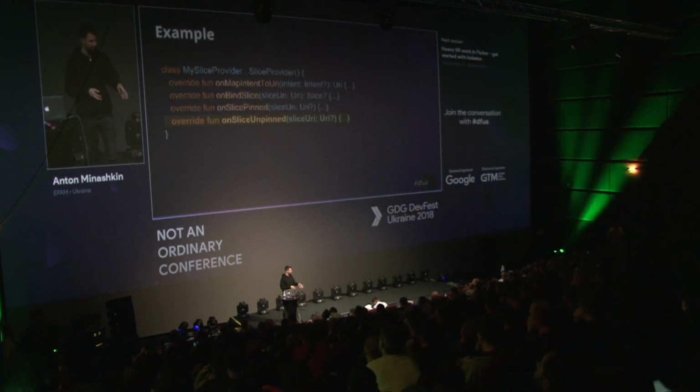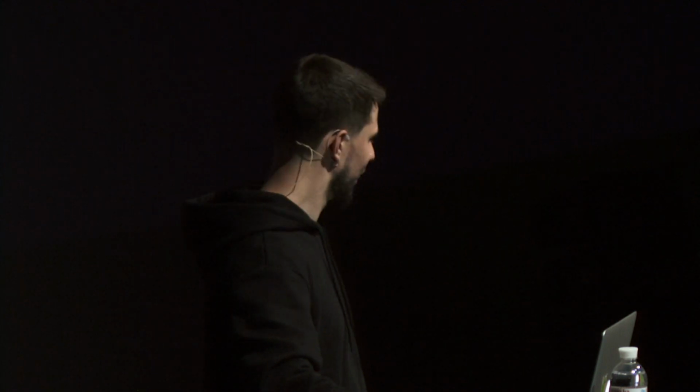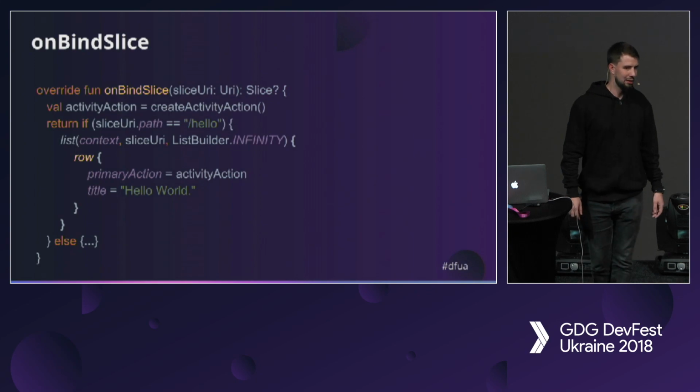But from these methods, we can understand that probably at some point in time, we will be able to pin our slices to some kind of view or other applications, or probably the main screen of the phone. Who knows?